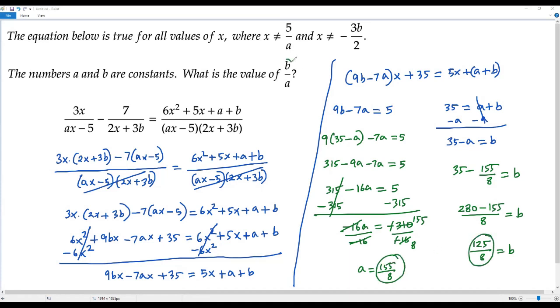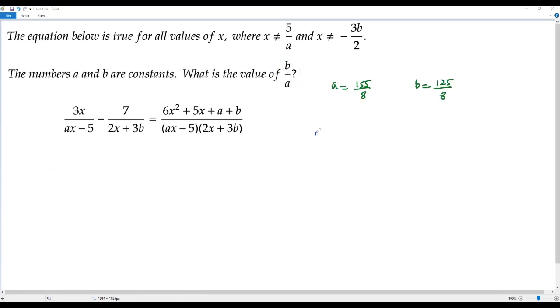Our aim is to get the value of b over a. Okay, now let me erase the stuff and find the value of b over a. b over a equals, for b we can plug in this value, that is 125 over 8, and for a we can plug in this value 155 over 8. Okay, now we can write this fraction as it is, that is 125 over 8. We can change this division to multiplication and take the reciprocal of this fraction, that is times 8 over 155.